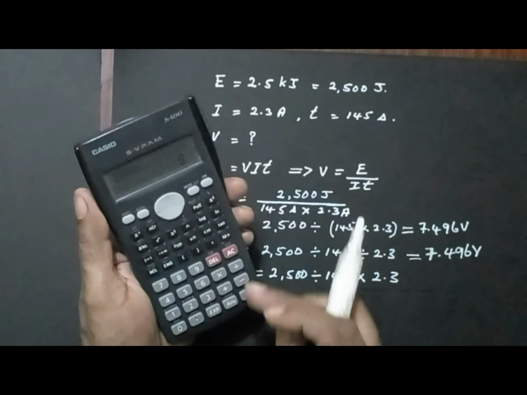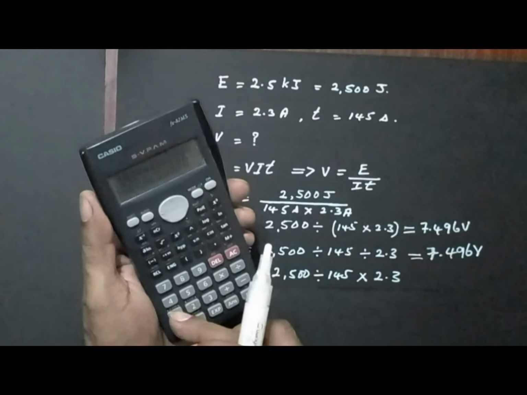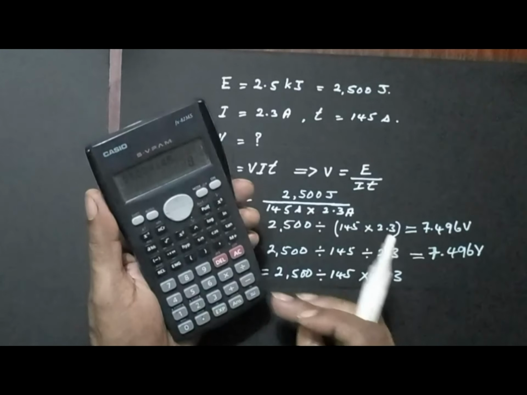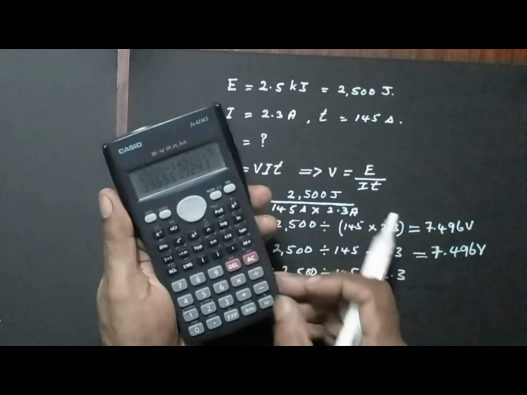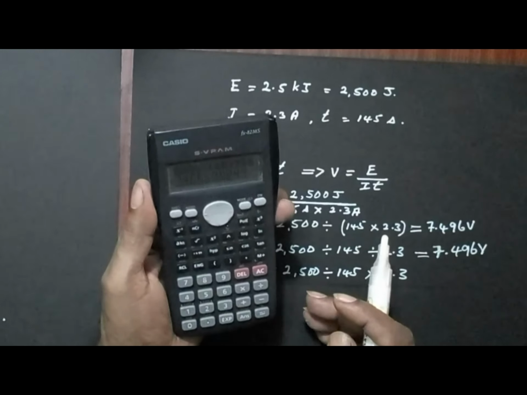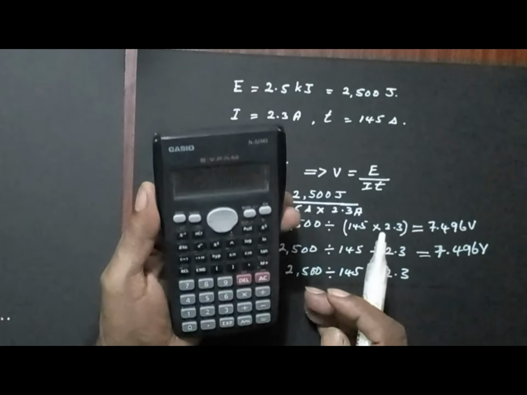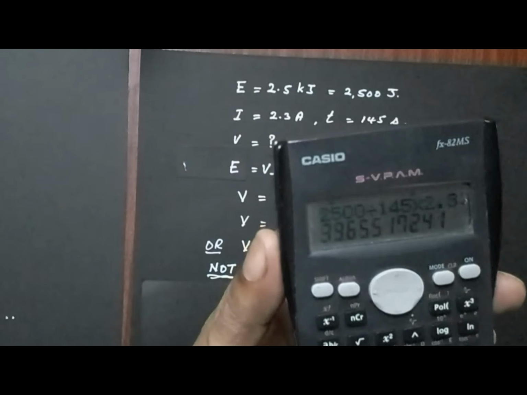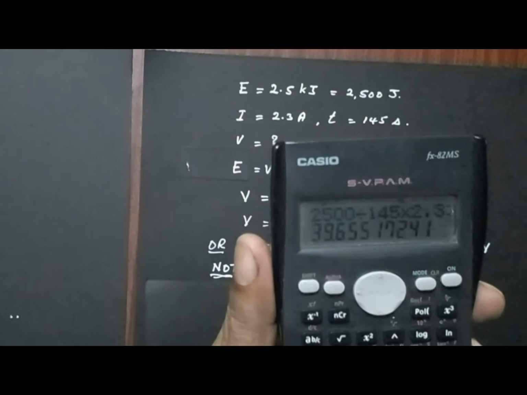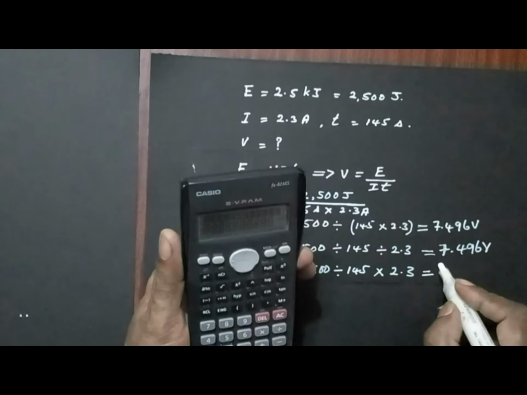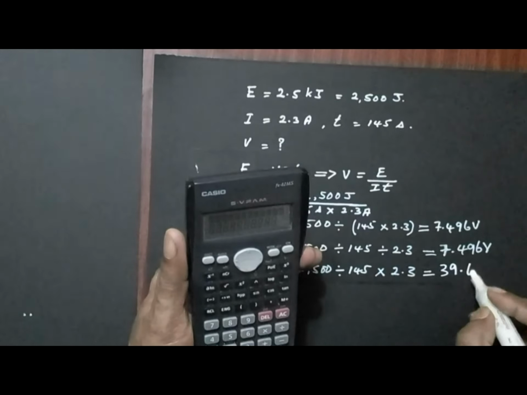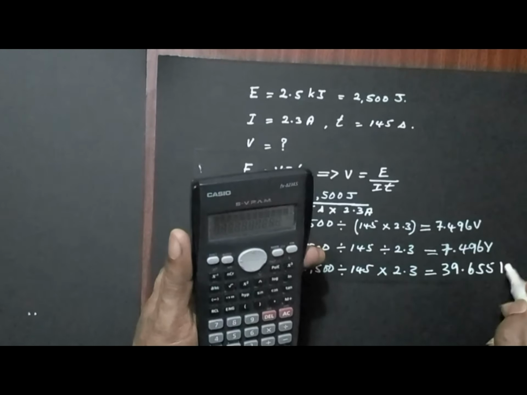2,500 divide by 145 multiply by 2.3, and we hit equal, and we get 39.655 volt.